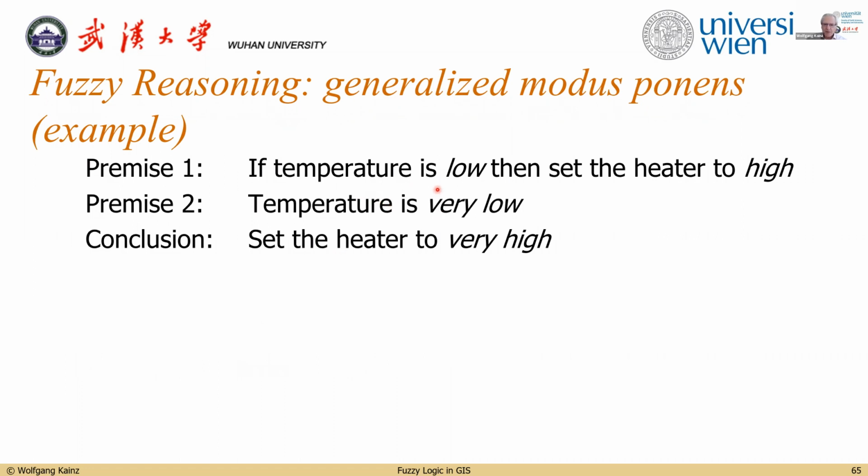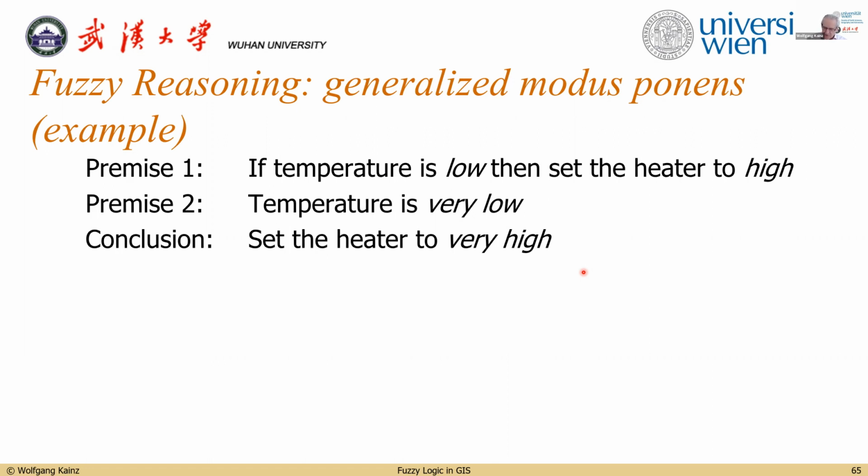If we say if the temperature is low, then set the heater to high, where low and high are fuzzy concepts. Now, the premise number 2 would be the temperature is very low, where you see that's a modification, not exactly the same as our value here. And the conclusion is then set the heater to very high. So this is the generalized version of this modus ponens. And that's what we are going to use throughout our examples here that we are also later on looking at.